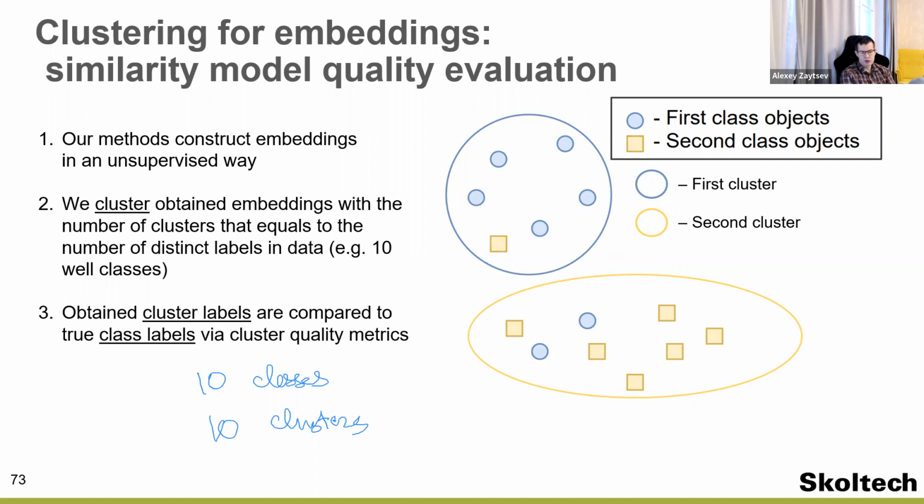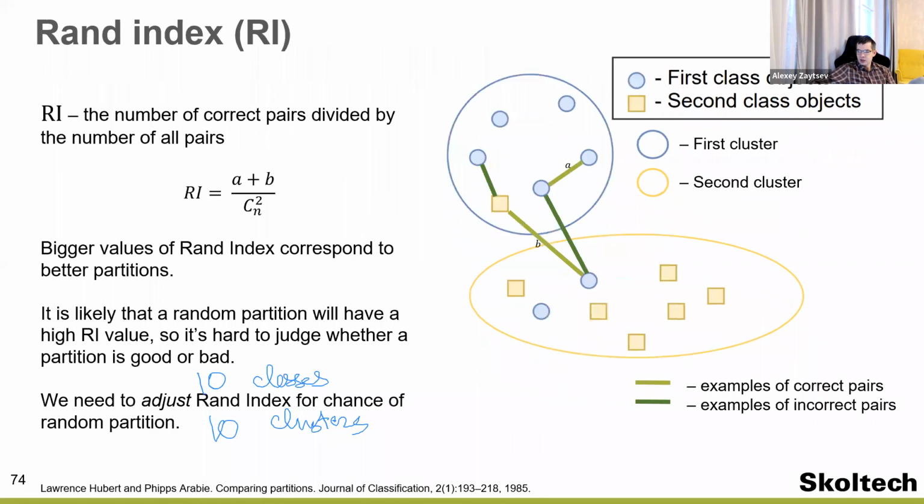And in this case, we don't know the exact correspondence between classes and clusters. So we use some clustering quality metrics. And so we look at the pairs. Here, the simplest way to think about it is the Rand index. It's the number of correct pairs. What is a correct pair after clustering or labeling? We say that we have clusters, these big circles, and we have labels like the color and shape of a particular object.